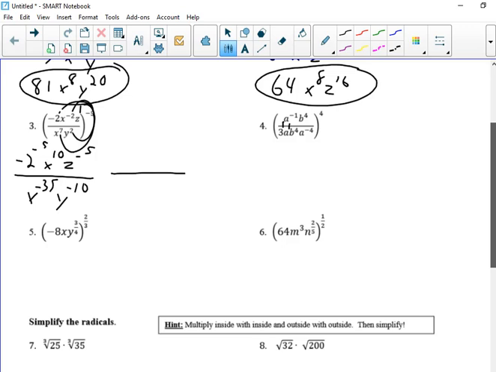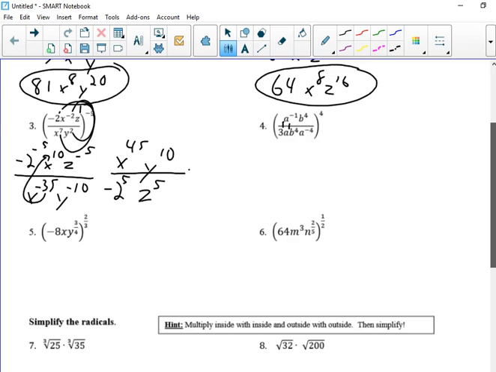So -2 to the 5th power on the bottom. X to the 10th stays, but these 35 are going to move upstairs and add on to make x to the 45. Z is going to move downstairs. Y is going to move upstairs.